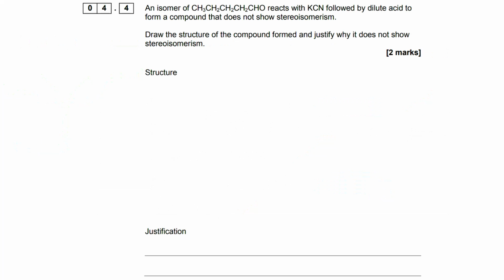And finally, we have got here an aldehyde. We're reacting with KCN and dilute acid to form a compound that doesn't show stereoisomerism. So your job here is to draw that structure out and explain why it doesn't show stereoisomerism.